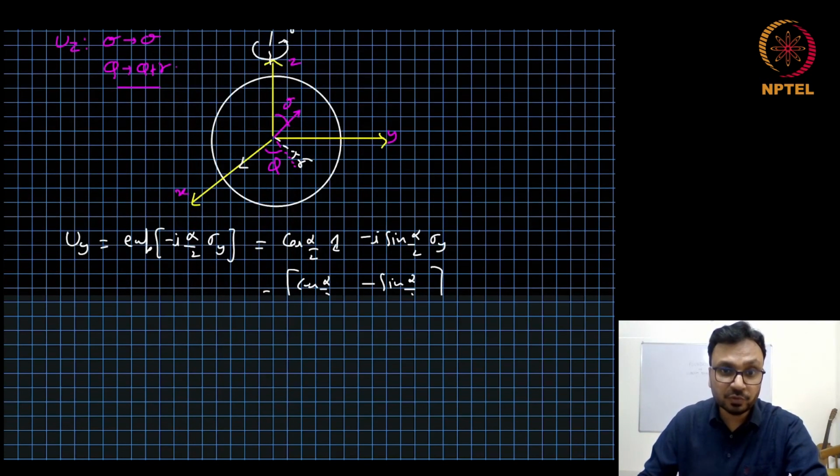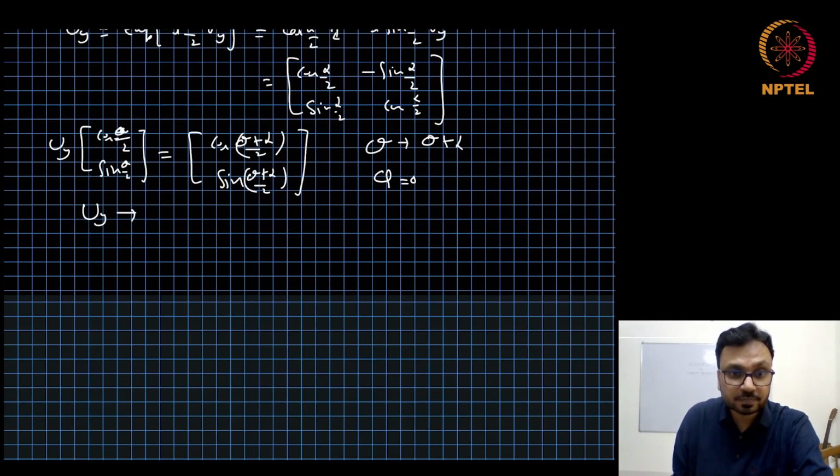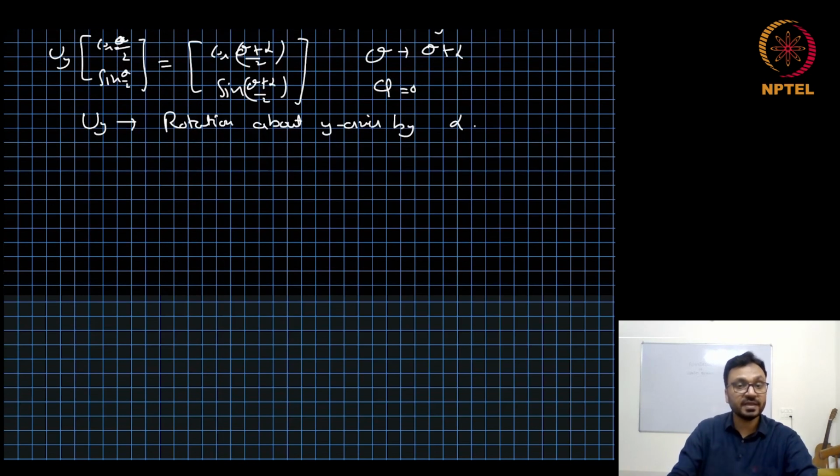So theta becomes theta plus alpha. So this will correspond to rotation about the y-axis by an amount alpha. So in that way, the rotations caused by just the sigma y matrix or sigma x matrix or sigma z matrix are rotations about the x, y, and z axes by the corresponding angle.